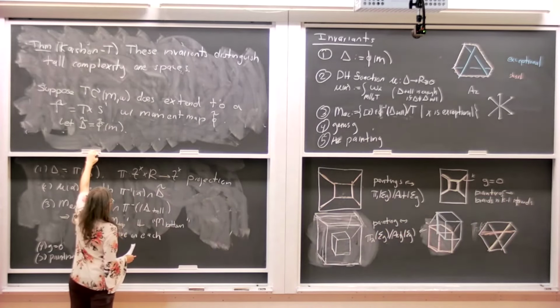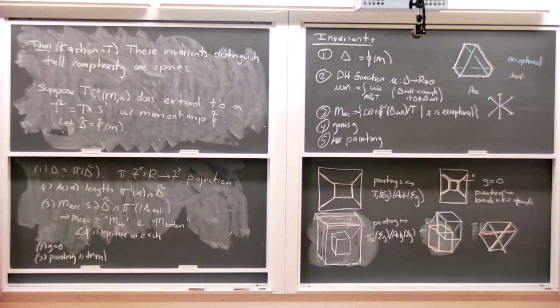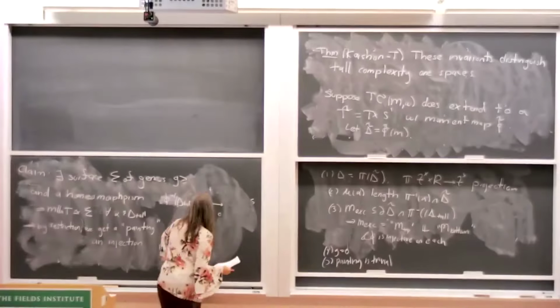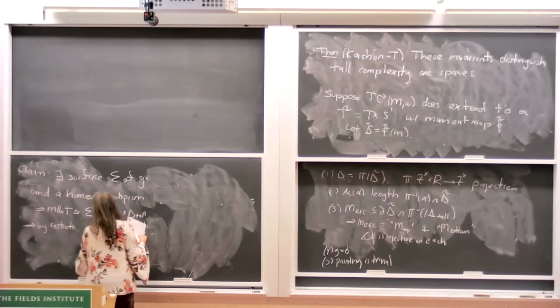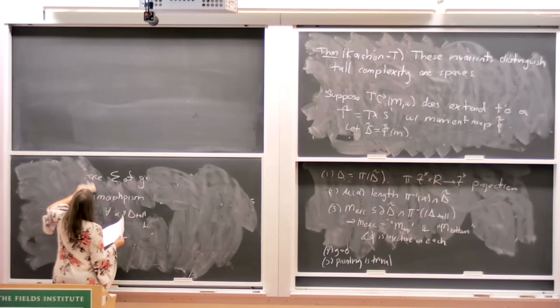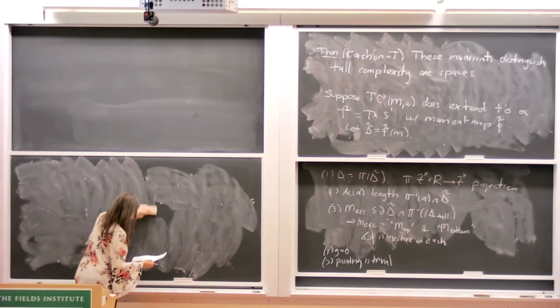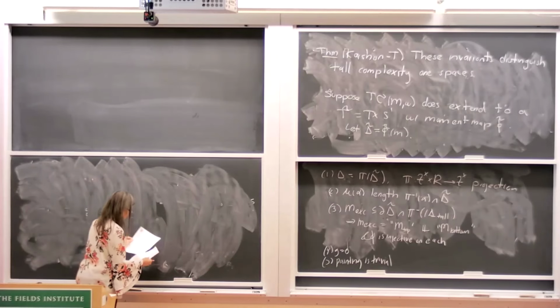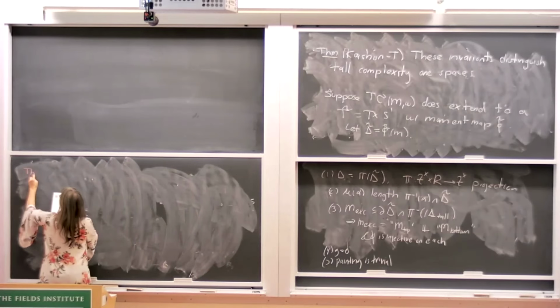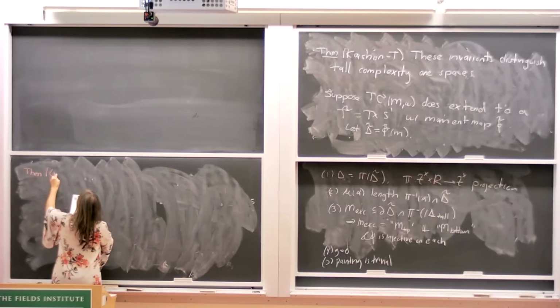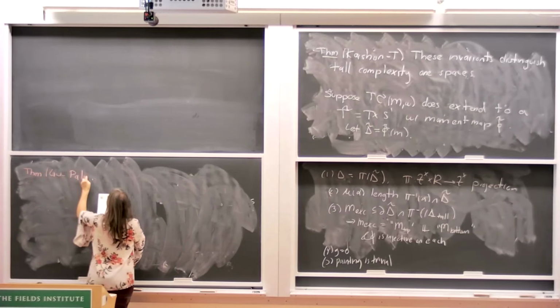Now I can state the main theorem, I guess, which is that this condition is essentially necessary and sufficient, and then I'll be done. I know I'm a couple minutes over, but I just want to state my main theorem. So this is the one.